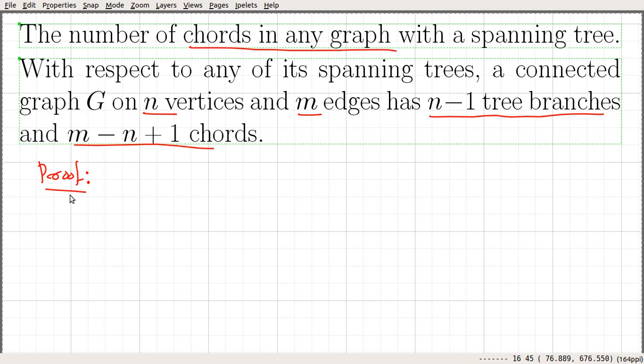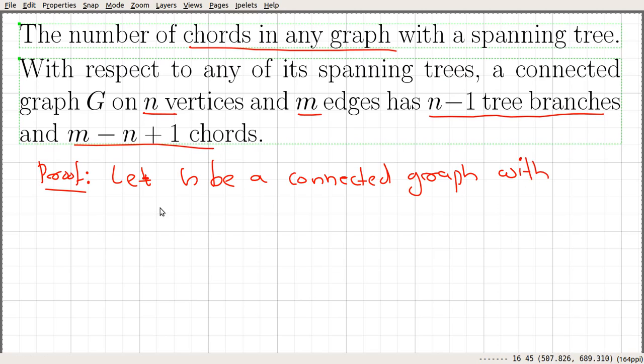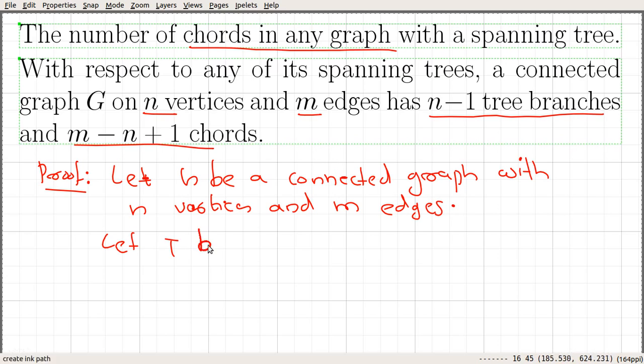The proof is straightforward here. Let G be a connected graph with n vertices and m edges. From the previous theorem we know that since the graph is connected, it has a spanning tree. So let T be a spanning tree.